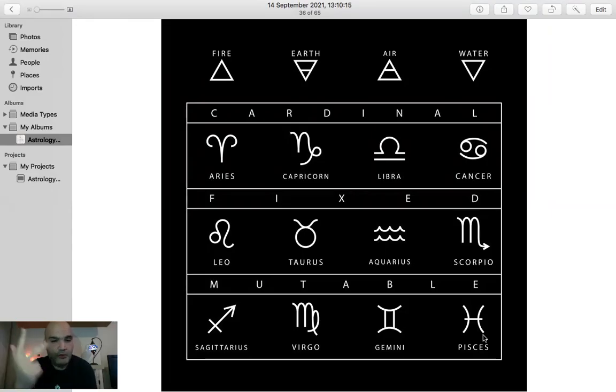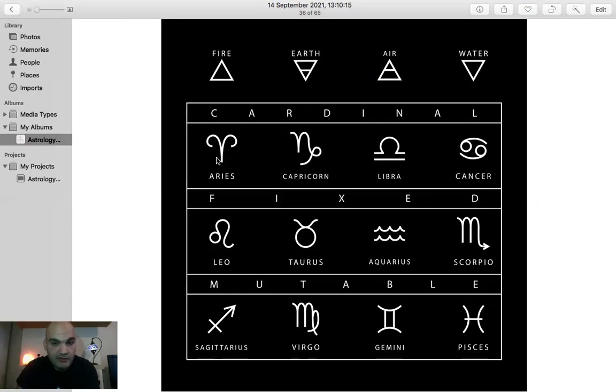But although they're all fire signs, they come in 3 forms, what is called a modality. So we have fire in its beginning stage, fire in its middle stage, and fire in its end stage. At its beginning stage, it's called cardinal. In the middle stage, it's called fixed. And in the end stage, it's called mutable.